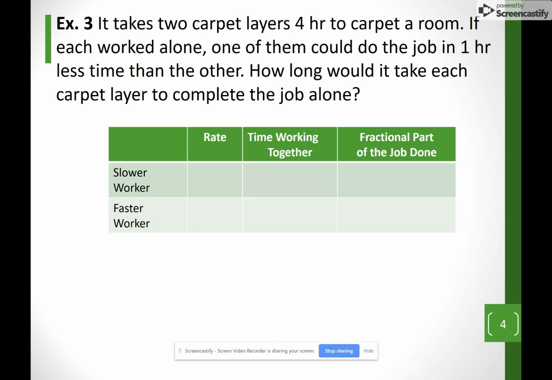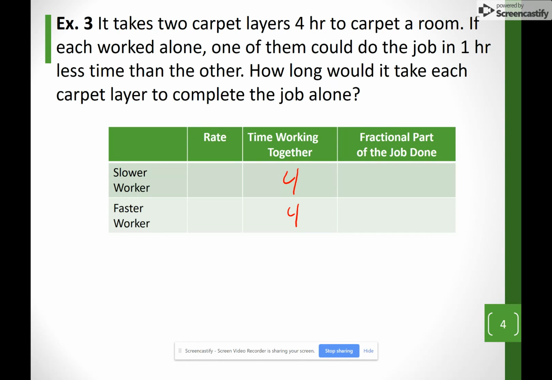Let's do one more. It takes 2 carpet layers 4 hours to complete the job. So I see here time working together in my table. It takes them both 4 hours. If each worked alone, one of them could do the job in 1 hour less time than the other.